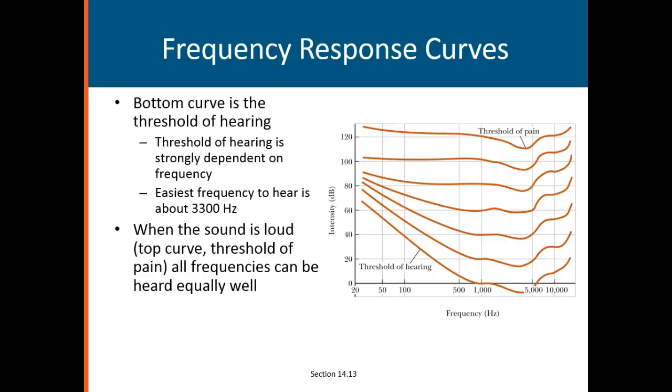In fact, it gets quite low down here, around 4,000 hertz. That doesn't make any sense. It's less than zero intensity. That's not making a lot of sense to me, but it does make sense this gets quite low here. Then, as you go up in intensity, you're hearing better and more clearly, but it still varies with frequency.